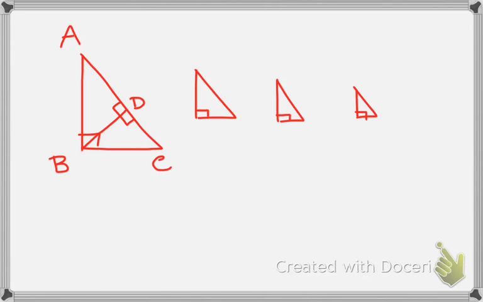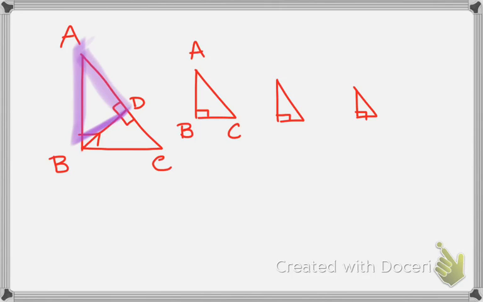So in my original large triangle, which vertex was the right angle? B. My long leg went up to A, and my short leg went up to C. So long, short, long, short, long, short. Keep it consistent.